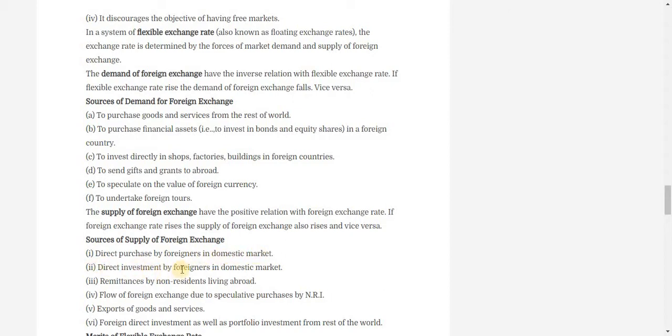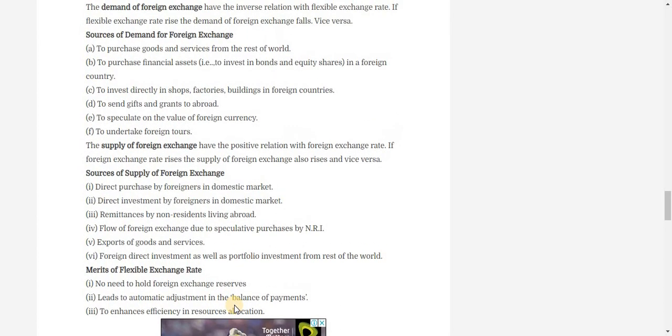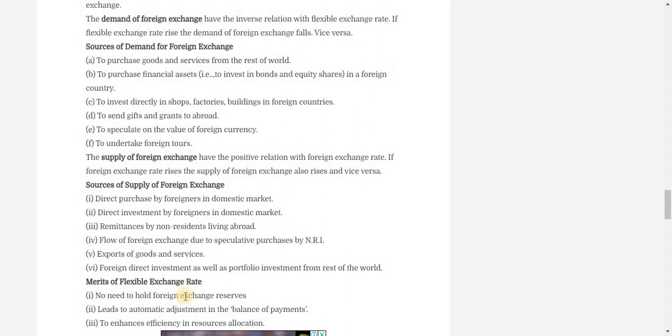Direct investment by foreigners in the domestic market. 3. Remittances by non-residents living abroad. 4. Flow of foreign exchange due to speculative purchases by NRIs. 5. Exports of goods and services. 6. Foreign direct investment as well as portfolio investment from the rest of the world.